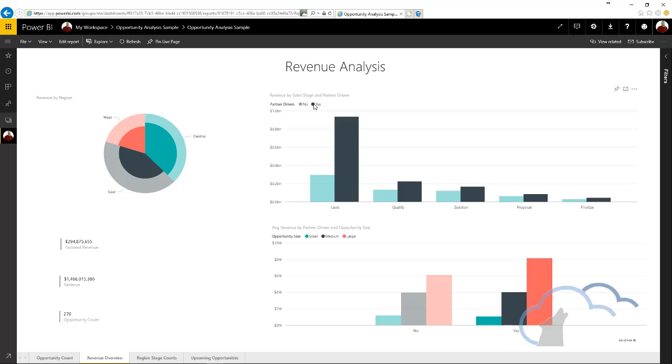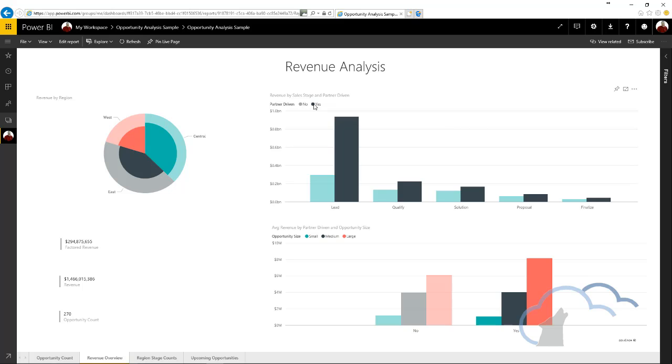An interesting comparison to the 644 billion and 166 million for non-partner driven revenue. Average revenue for large accounts is larger, 8 million, if the opportunity is partner driven as compared to the 6 million for non-partner driven business.